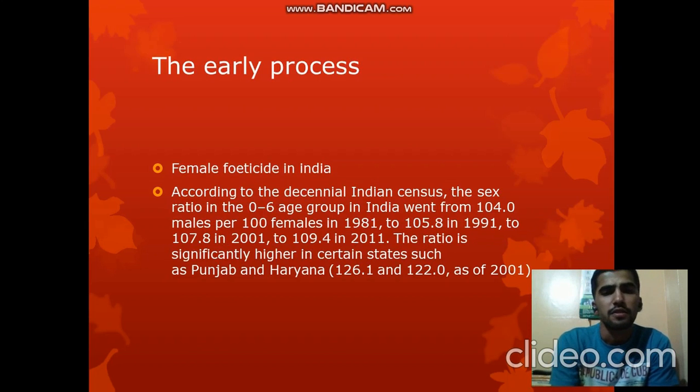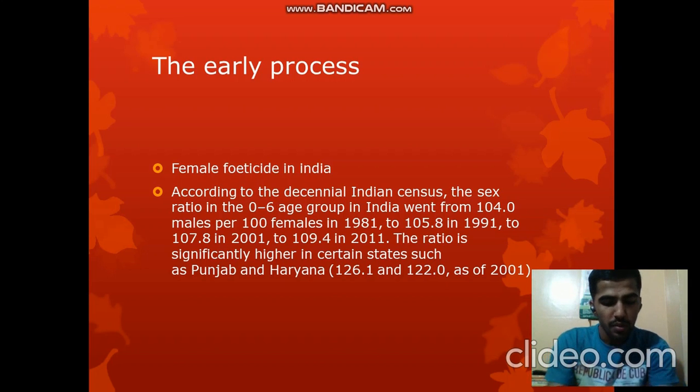One of the major reasons is female foeticide in India. In the early 1990s, there was widespread use of ultrasound techniques.